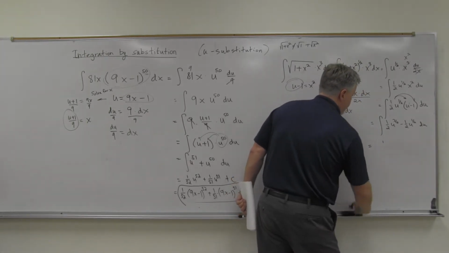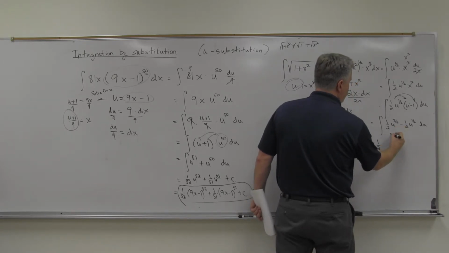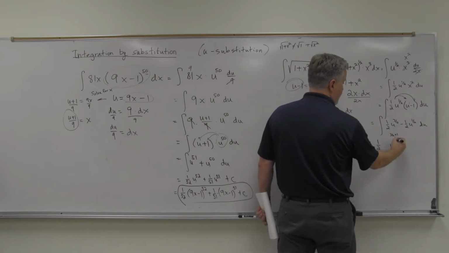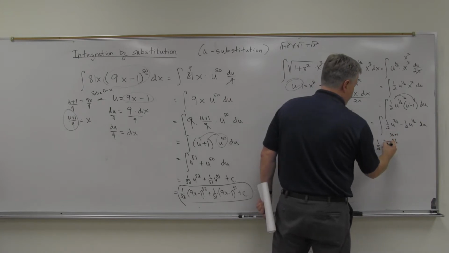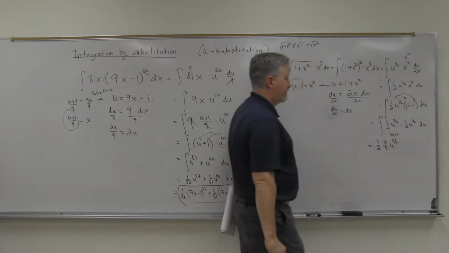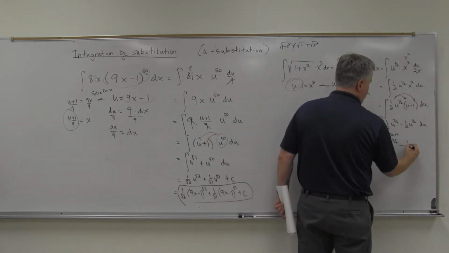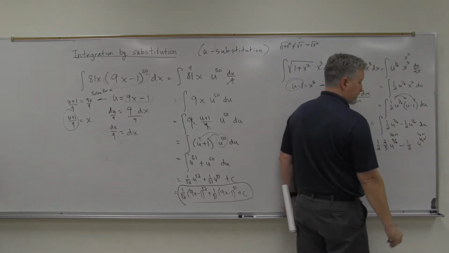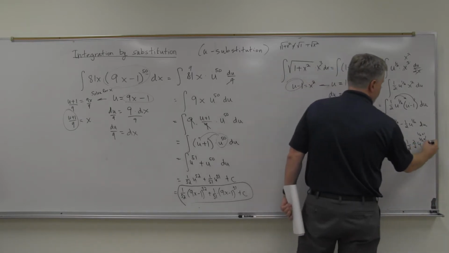So the antiderivative here would have 1/2. Let's see, add 1 to get the new power. 3/2 plus 1 would be 5/2. The reciprocal would be what I multiply the front by. Minus then 1/2, this new power, 1/2 plus 1 would be 3/2, with reciprocal 2/3.